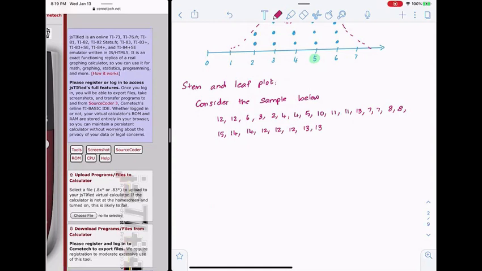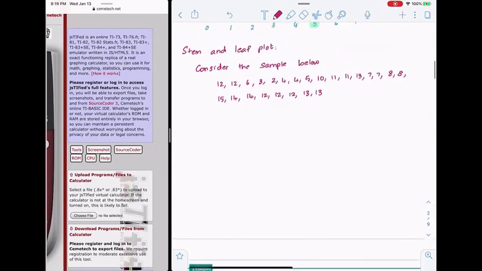So it is discrete data, and I want to construct a stem and leaf plot. This is also going to be a bit visual, and we can get information just by looking at the graph. So why do we call it a stem and leaf plot? So it has 2 portions. One is the stem part, the other is the leaf part.